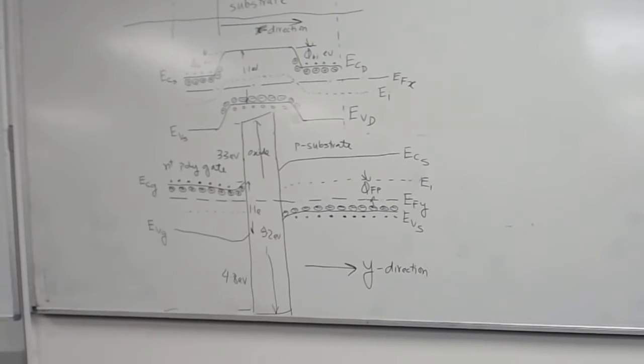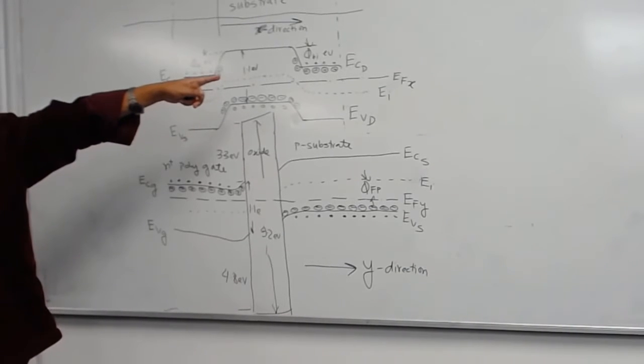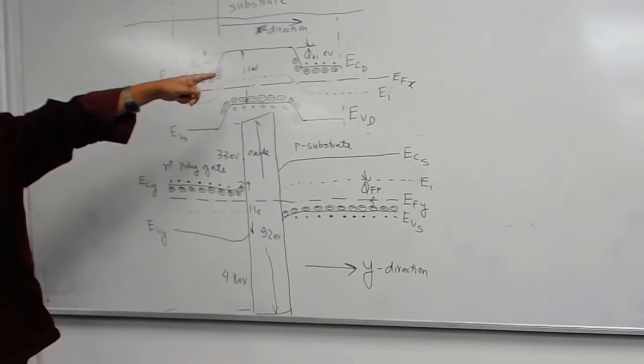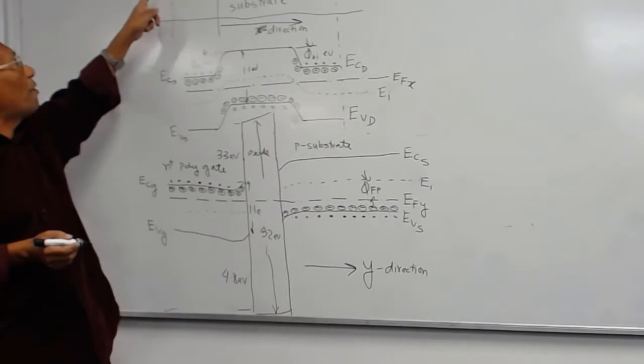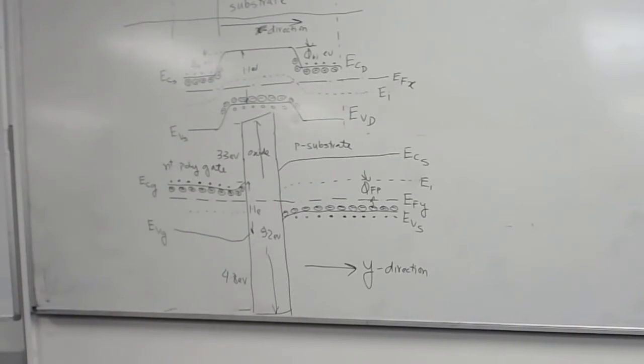So now what will happen? If you apply voltage VGS greater than VTHN, what will happen here? This Fermi level, we haven't applied any voltage here, so this will stay the same. This EF will stay the same. We again look at the energy levels.